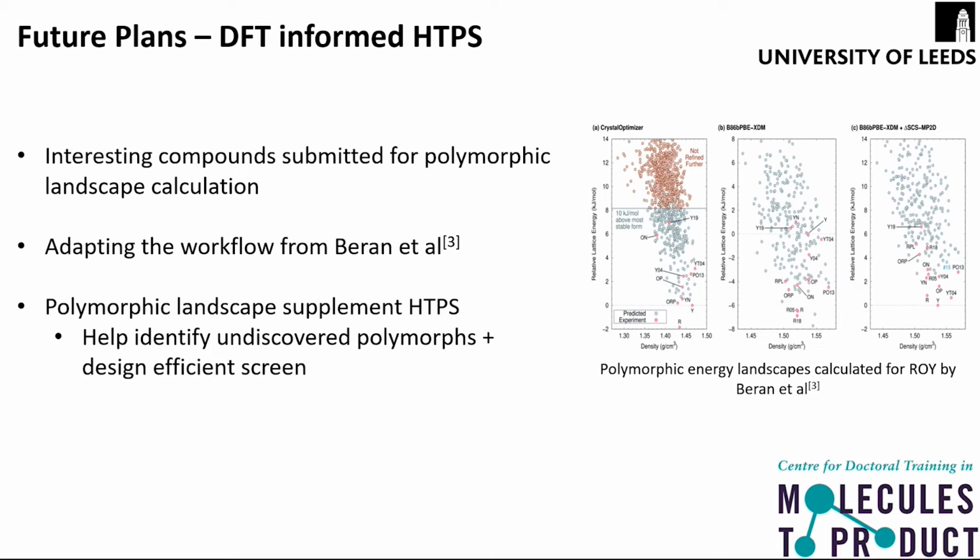So this was done by Ferron et al. to prove that most of, if not all of, the low-lying, low-energy polymorphs of ROY have been found. And we believe with small modifications to this code that we can find where the low-energy polymorphs of our ROY analogues are found and use this to inform our high-throughput screening.